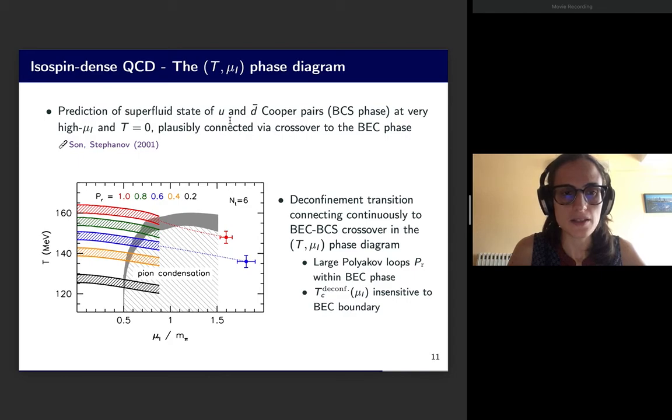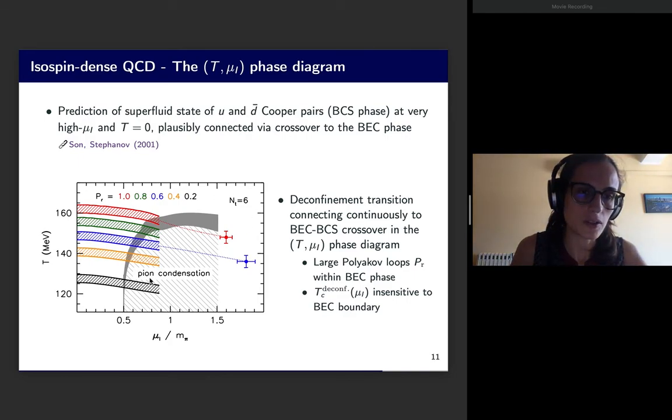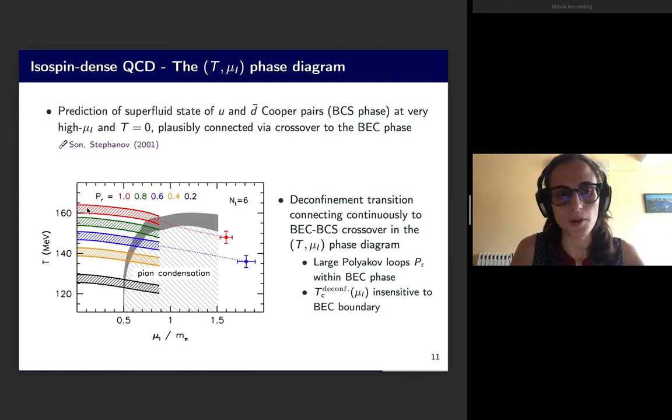And this is what one can read out of this plot that contains the isolines for the Polyakov loops. So the Polyakov loops have constant values within errors along lines of a given color. And in particular, the value of 1 corresponds to the deconfinement temperature at t equals 0. And you can see that this isoline basically penetrates the pion condensed phase.